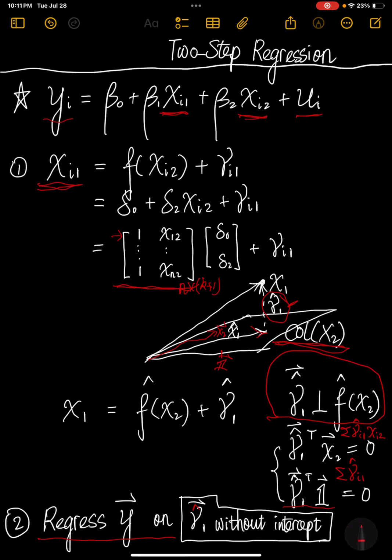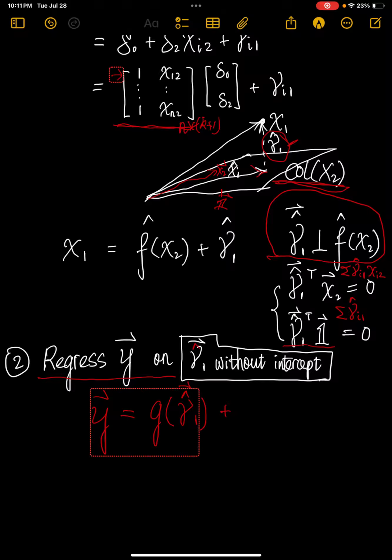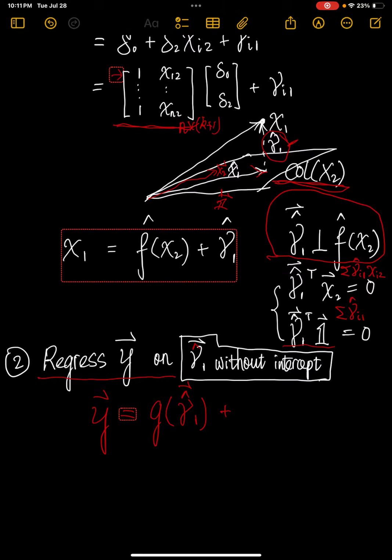So for this step, you are trying to regress the data vector y on this residual vector, as a function of gamma 1 hat plus another error term, let's say E.